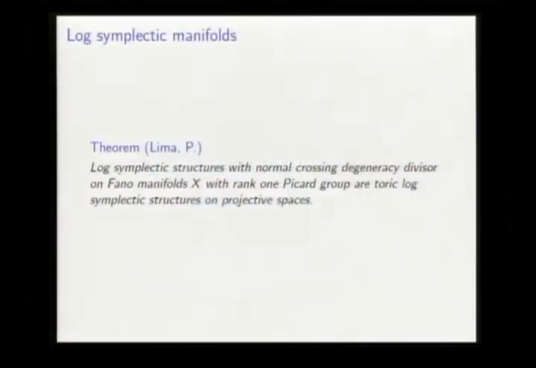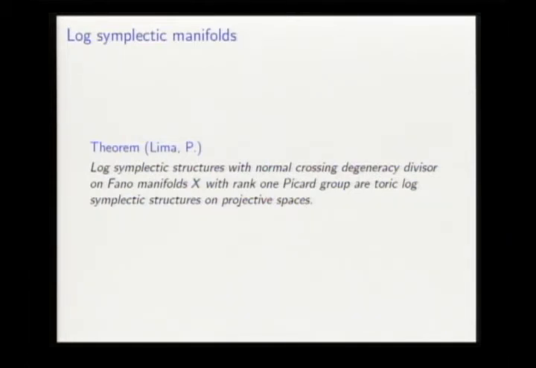So with one of my students, Renan Lima, we proved that log symplectic structures with normal crossing degeneracy divisor on Fano manifolds, of any dimension, with rank 1 Picard group, are toric log symplectic structures on projective spaces. So this is still another characterization of projective spaces if you want.